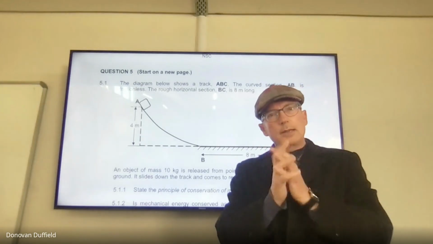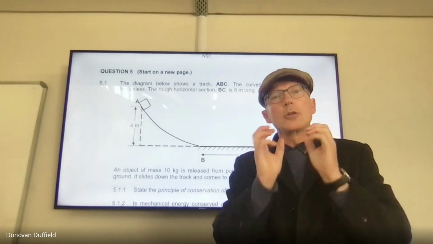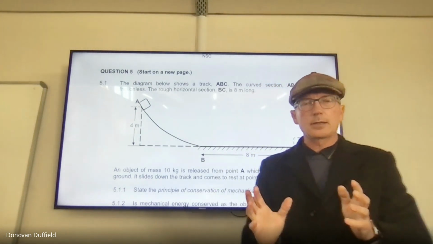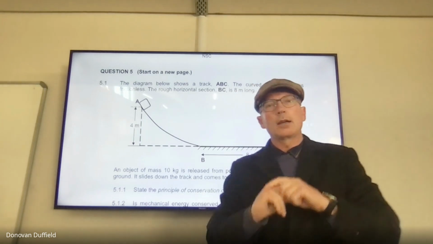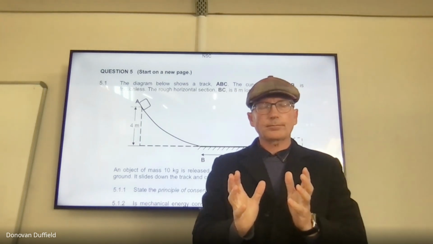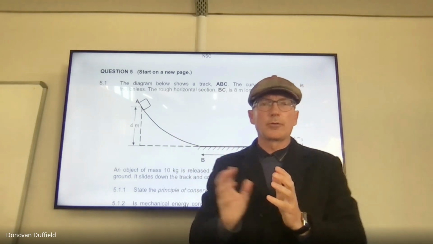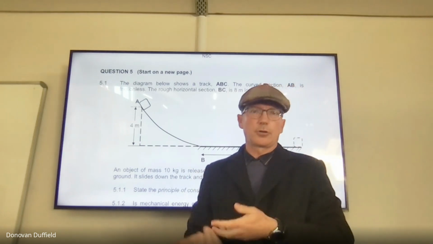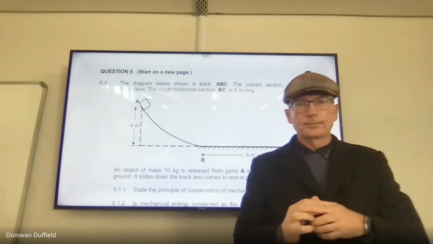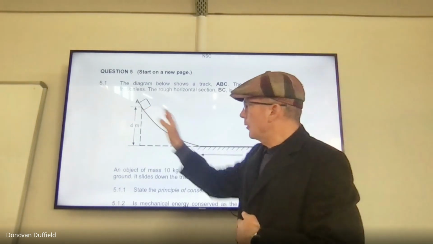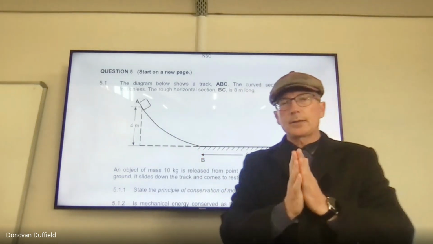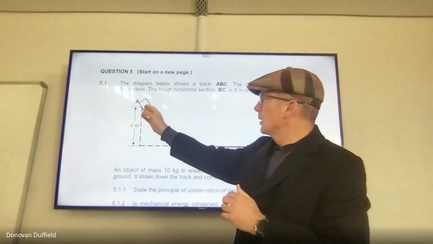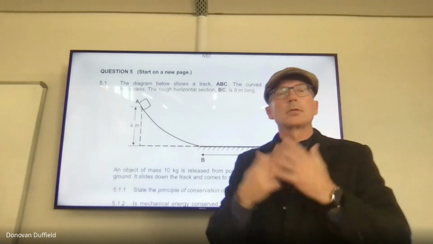When you have that in the system, you cannot use the law of conservation of mechanical energy, which states that in an isolated system where there's no net external force, the mechanical energy is conserved. Now, from A to B, the only force acting directly on the object is going to be gravity.